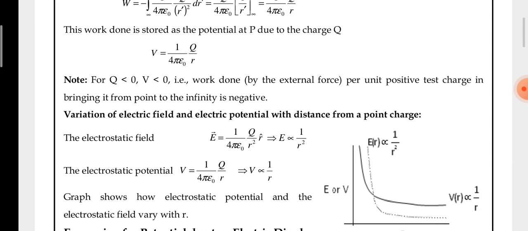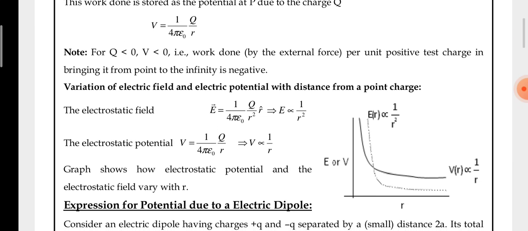You just see, the electric potential due to a point charge is 1 by 4 pi epsilon naught Q divided by r, whereas the electric field is 1 by 4 pi epsilon naught Q divided by r square, as we already studied in the first chapter.